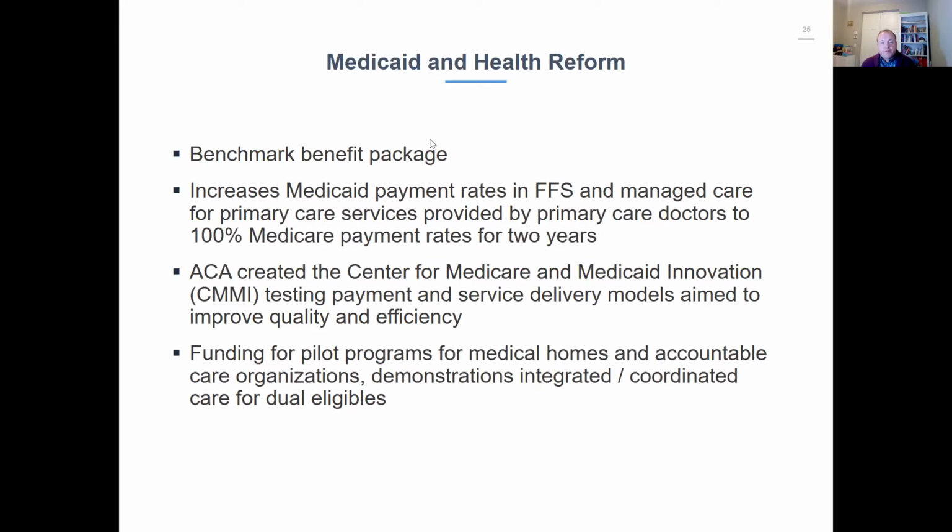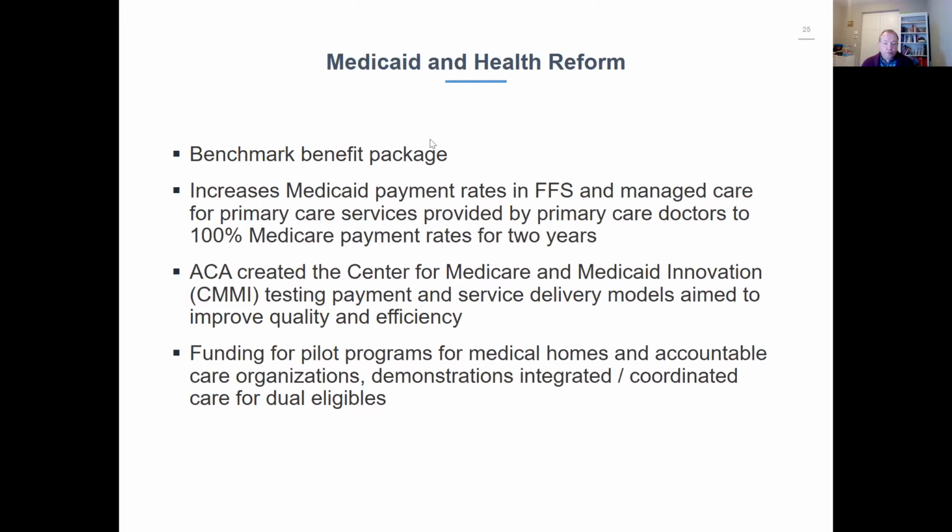The Affordable Care Act created the Center for Medicare and Medicaid Innovation to test payment and service delivery models aimed to improve quality and efficiency. So for instance, if states are putting in 1115 waivers to try new programs, CMMI can be involved in the testing and evaluation of those models.